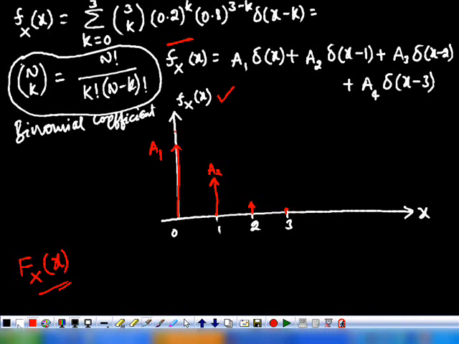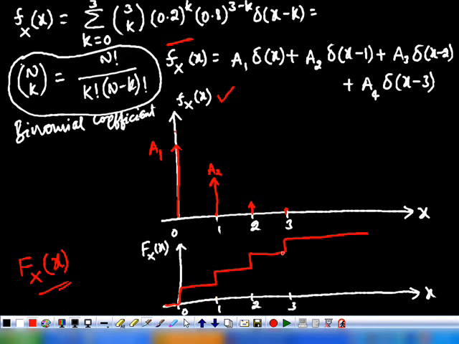So it should be a non-decreasing function. Is it right? Here it is 1. Are you able to follow? We already calculated this fX of x. Just integrate it, you will get the CDF.